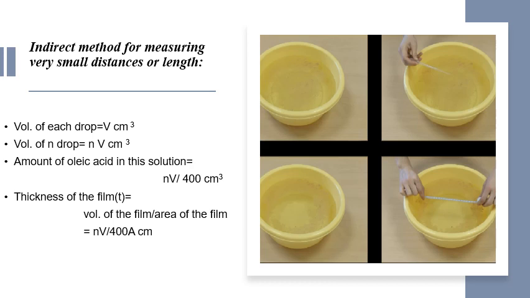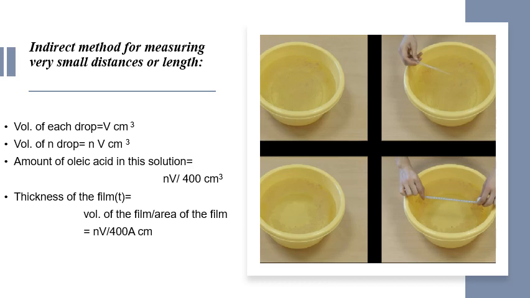Now the concentration of the oleic acid is 1 divided by 400 centimeter cube in 1 centimeter cube of alcohol. We then determine the approximate volume of each drop. The volume of each drop is capital V centimeter cube. Now pour n drops of the solution on the surface of water taken in a broad vessel.